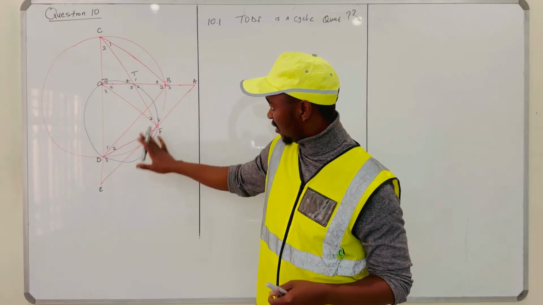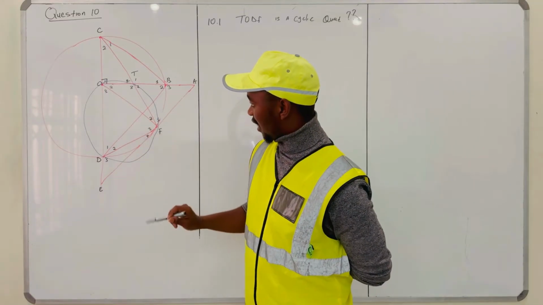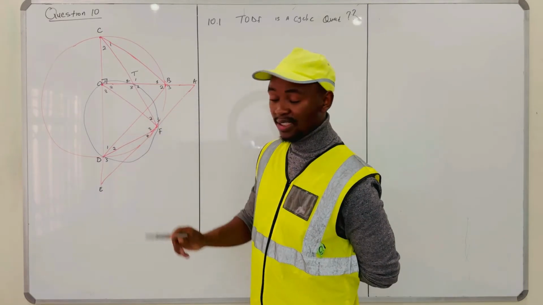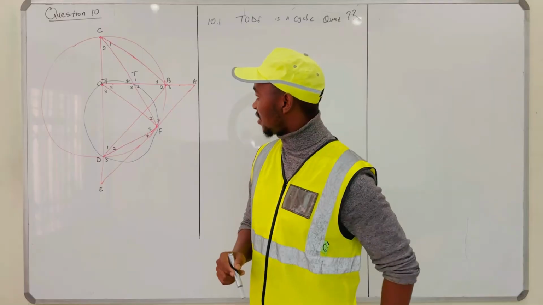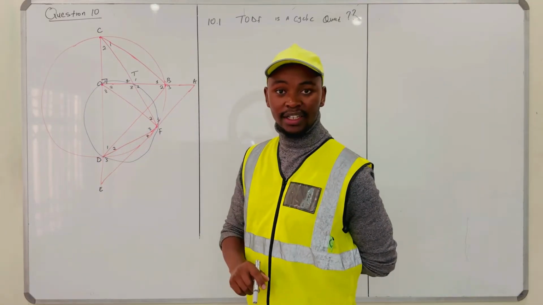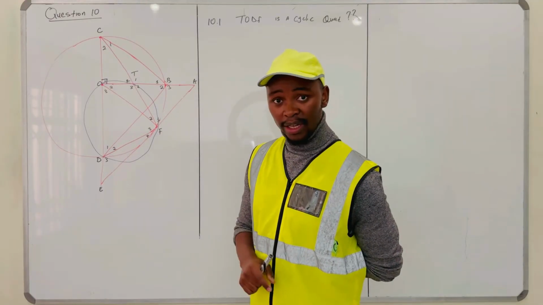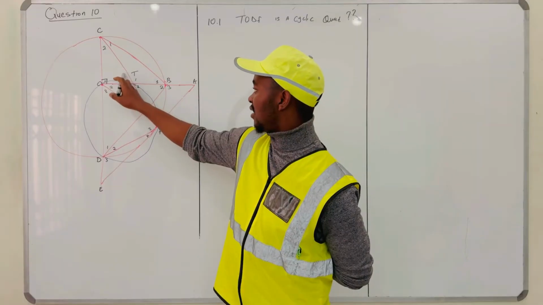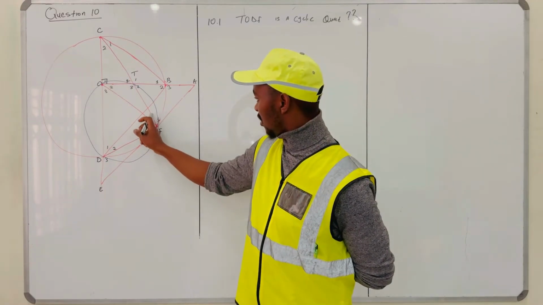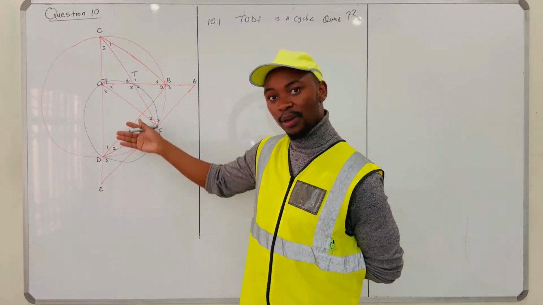So if we look at this cyclic quad that we're meant to prove, if indeed TODF is a cyclic quad, this angle here plus this angle here is supposed to give you 180 degrees, all right? Same as T3 and angle D1 and D2. They are supposed to add up to 180 degrees. Another way, we can go for the exterior angle, let's say T4 should be equal to the opposite interior angle. You can go this way. O1 should be equal to F2 plus F3.